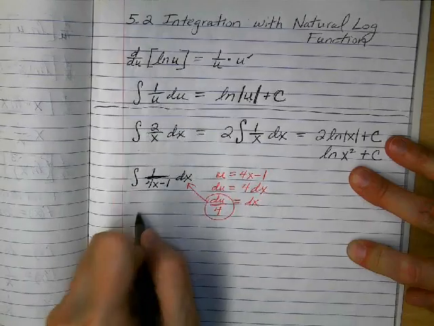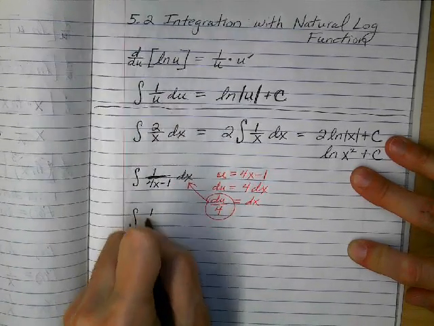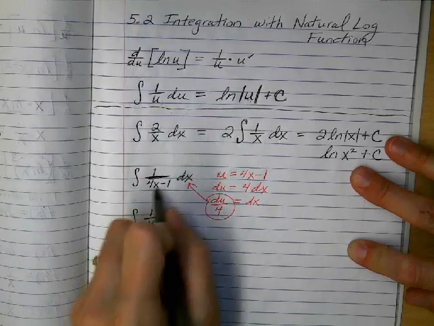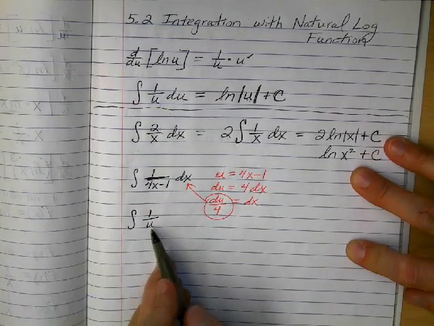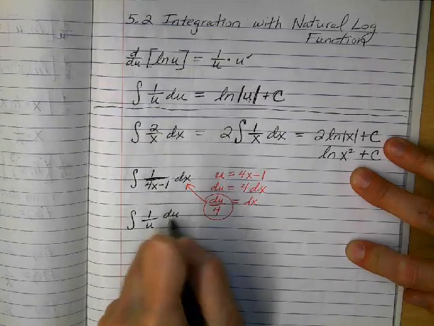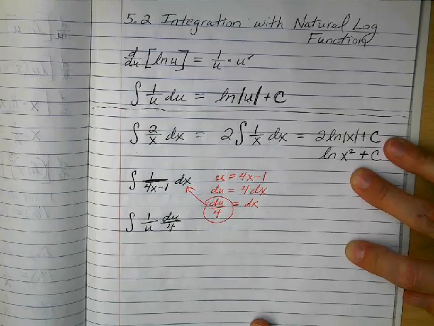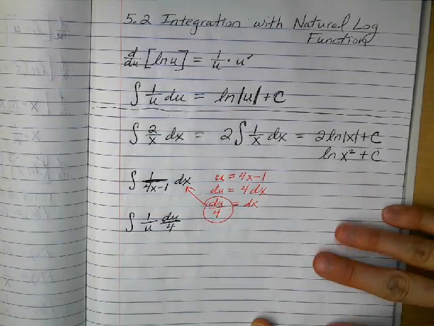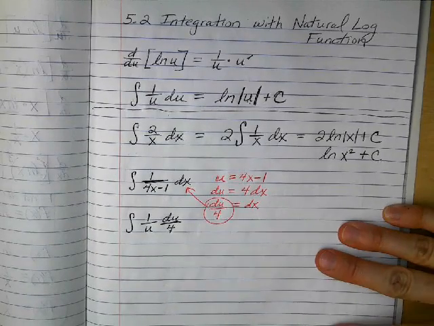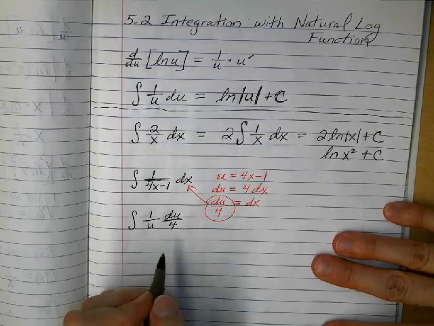Okay, so now let's rewrite it. Now it's the integral of 1 over u. The 4x minus 1 is my u, and the dx is du over 4. So now we can pull the 1/4 out front, showing all the steps here.